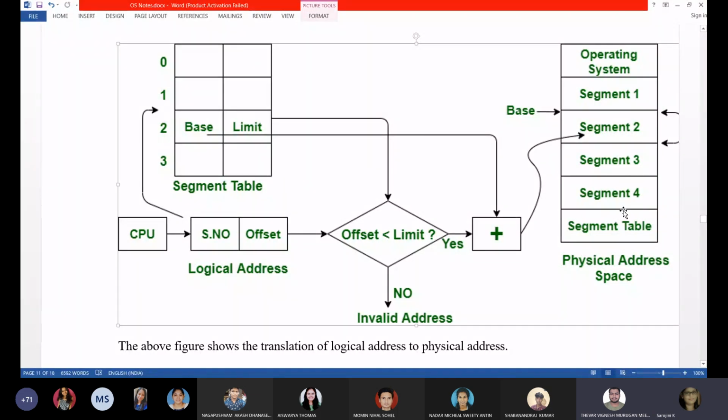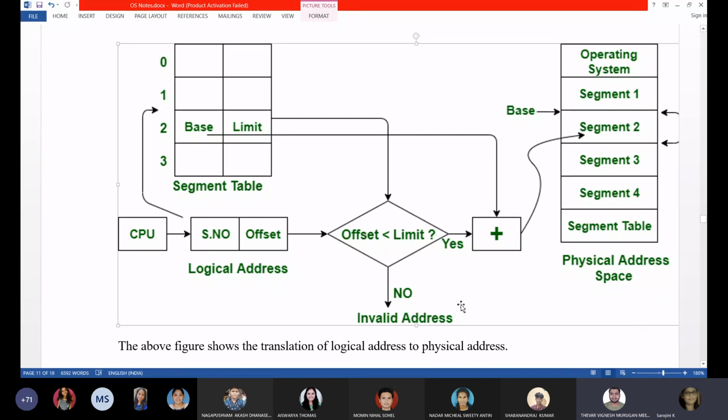Both places call them segments only, not like pages. In paging, pages are inside the secondary memory and frames are inside the main memory. But here, inside the secondary memory there are segments, and inside the physical memory also those partitions are called segments only.